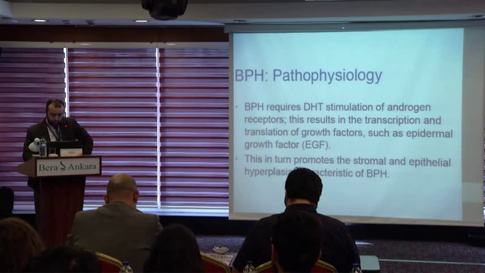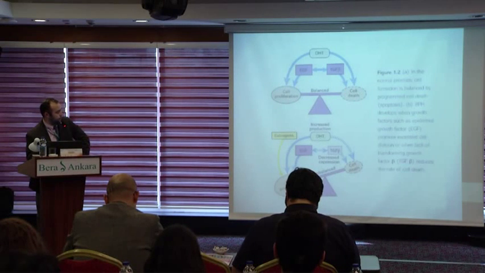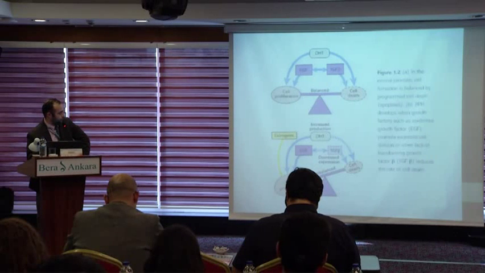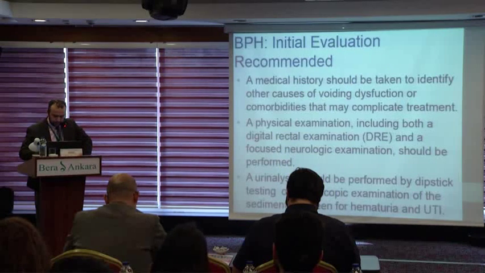This in turn promotes the stromal and epithelial hyperplasia characteristic of BPH, and you are seeing the balance of the hormonal types. When talking about increased production of DHT, the balance goes to cell proliferation, and it results in BPH.